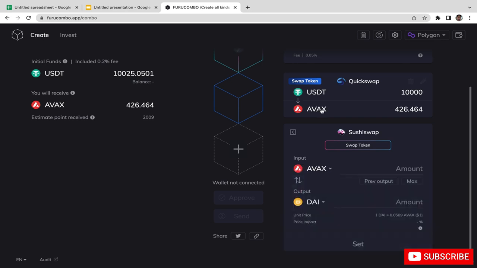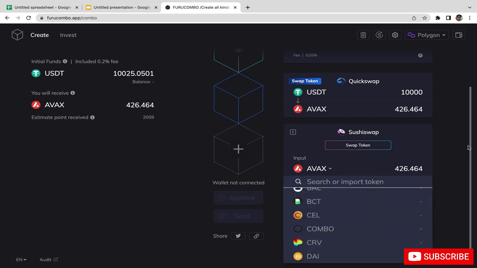In the previous transaction, our asset is in FX. So now change it to FX and input the same amount of assets that we have here, which is 426 FX. Since we borrowed our assets in USDT, in Tether, we need to return it back in Tether.